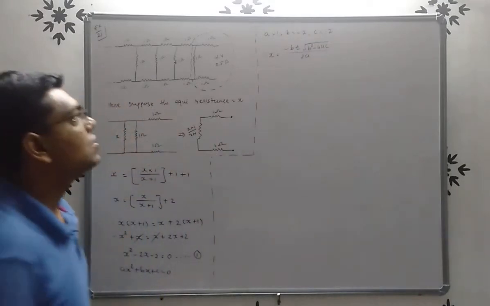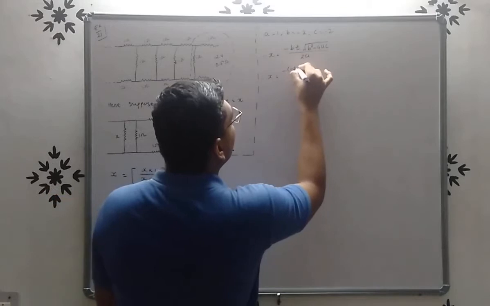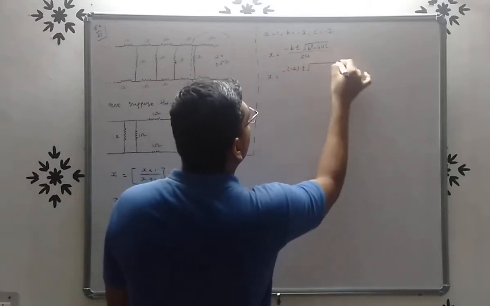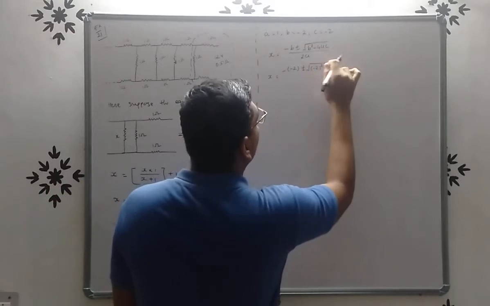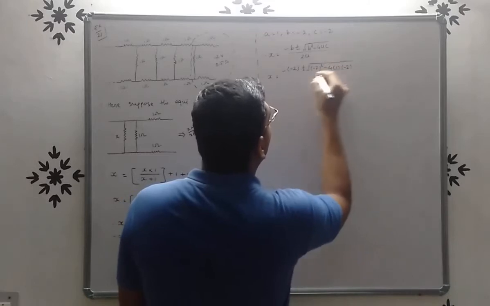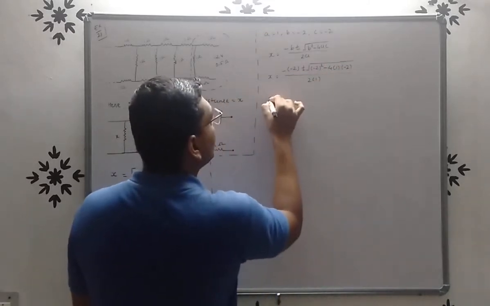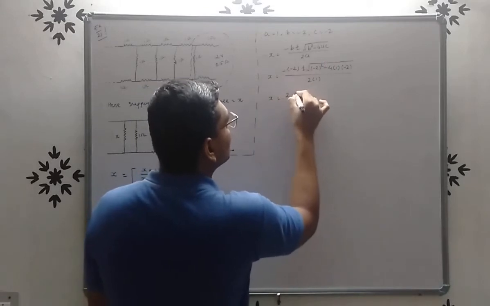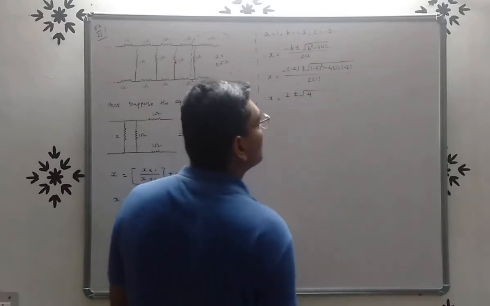Right. So X is equals to minus the value of b, minus 2, plus or minus under root of b square, that is minus 2 whole square, minus 4 into the value of a, 1, into c, minus 2, upon 2a, that is 2 into 1. So here we get X is equals to minus minus, plus 2 plus or minus square root of minus 2 whole square, that is 4.